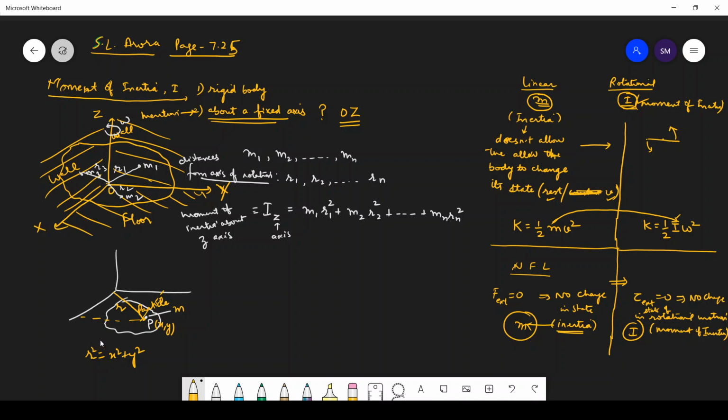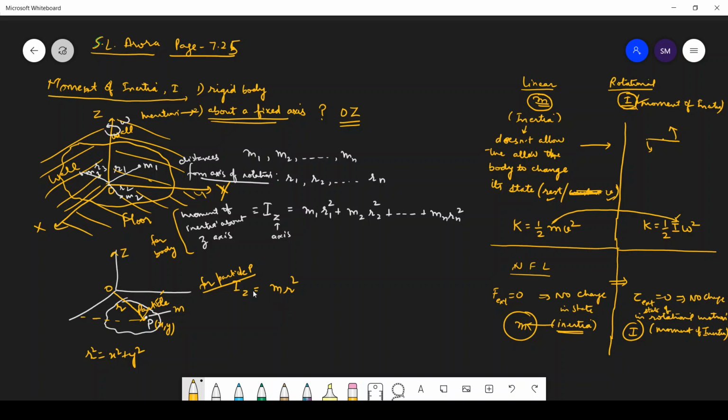So what is the moment of inertia of this particle? The moment of inertia we were talking about was for the rigid body. Here for particle P, Iz is equals to m r square. So mass of this particle multiplied by square of the distance from the axis of rotation.